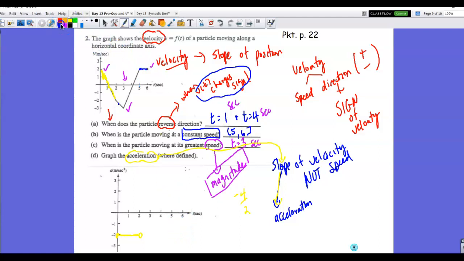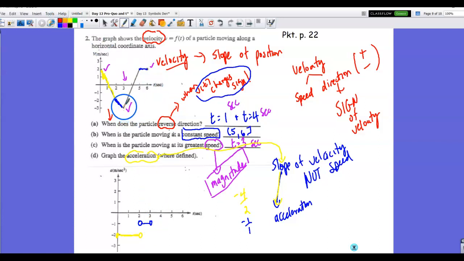The next little segment is from here at 2 to 3. So we're going to drop 1 unit, so that is down 1, and to the right 1. So that slope is -1 from 2, open, to 3, open. And that would be the acceleration of the particle in meters per second squared from 2 to 3.